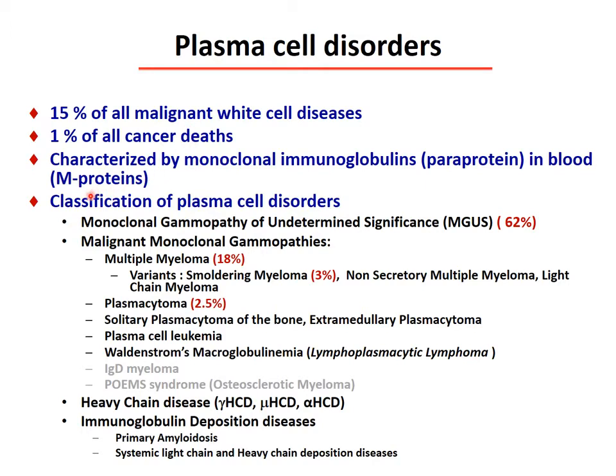If you look at the classification of plasma cell disorders, the majority, and the least severe condition, is called monoclonal gammopathy of undetermined significance, or MGUS. This makes up about 62% of all cases. From this stage, we can progress to the malignant monoclonal gammopathies, such as multiple myeloma.